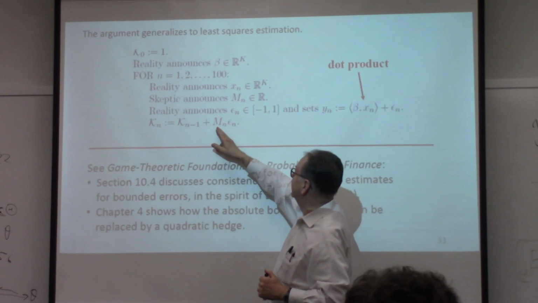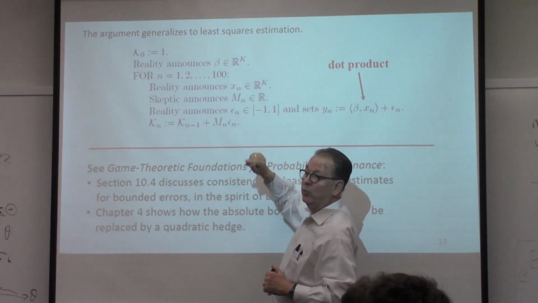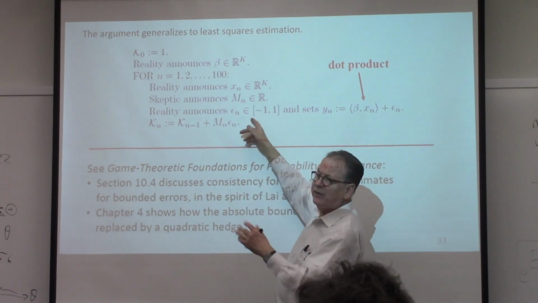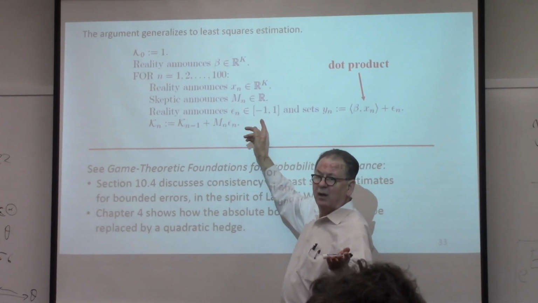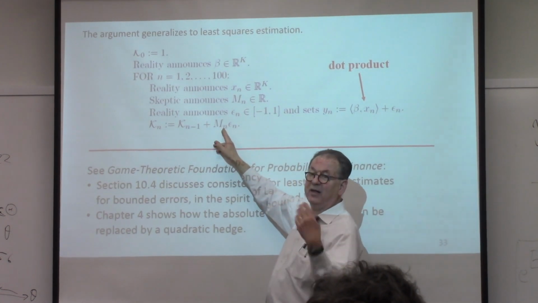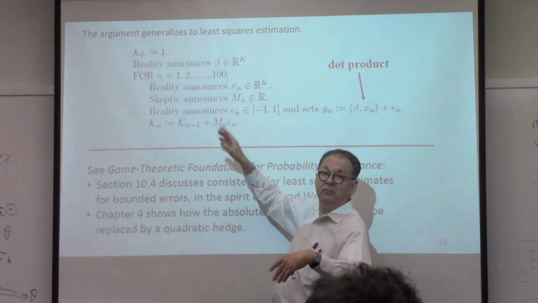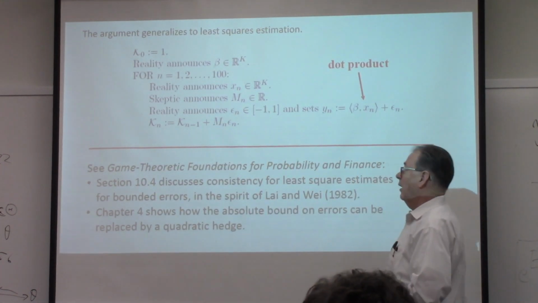This just says that skeptic can bet the error will either be 1 or -1 or something in between. It's a bounded error between -1 and 1. Skeptic can bet on that. He can bet a positive amount and get some positive amount times the error, or he can make a negative bet and get a negative number times the error. Any bet he wants to make.